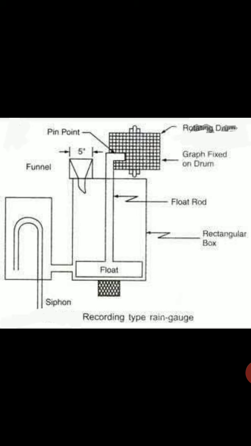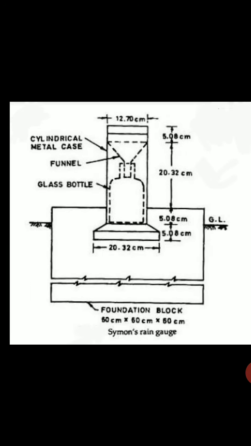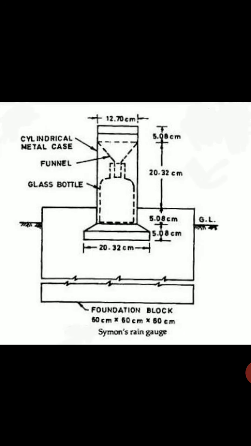Third point, in hilly area where absolutely level ground is not available, the site should be so selected that the station may be well shielded from high wind. Fourth, the site should be easily accessible to the observer. Fifth point, the site should be well protected from cattle by wire fencing.